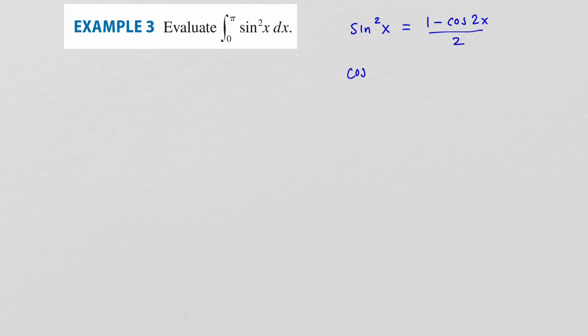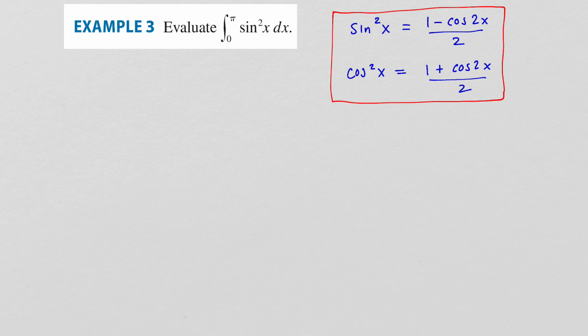Likewise, there is an identity for cosine squared of x, which is very similar. It's 1 plus the cosine of 2x divided by 2. So for even powers of sine and cosine, you'll be using one or both of these identities.